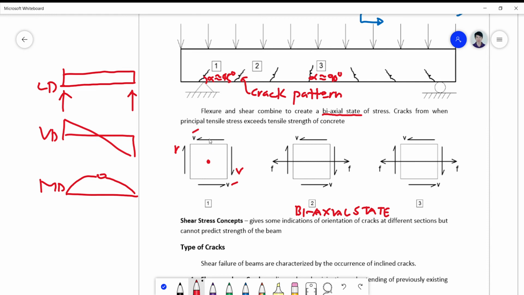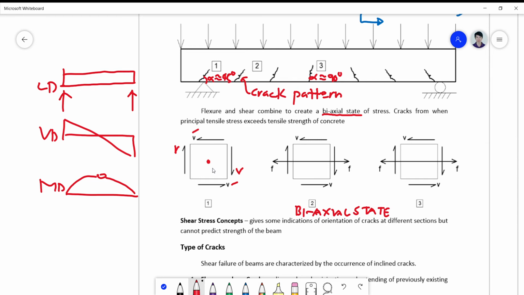Okay, so because this is V times the distance here and V times the distance there, will create now a moment couple which are equal in magnitude and opposite in direction.